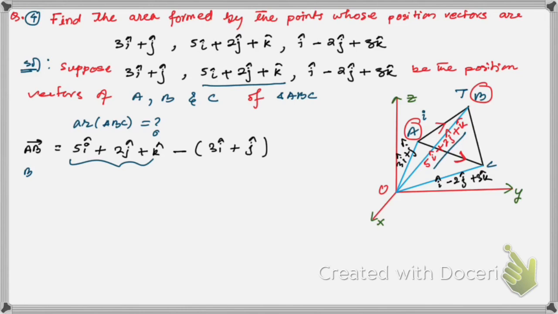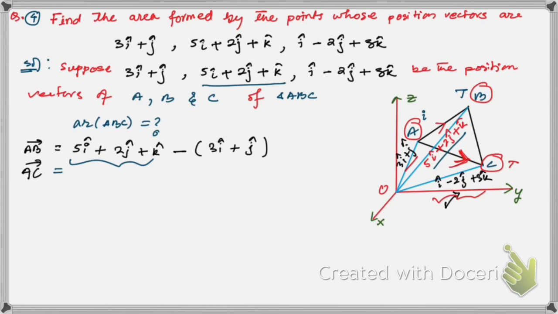Similarly, let's find the vector AC. I have written BC here, so I made a mistake. This should be AC. Here the terminal point is C and its position vector is this one, and the initial point is A again.